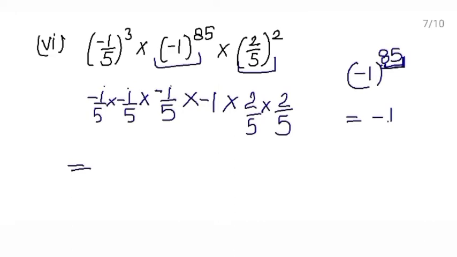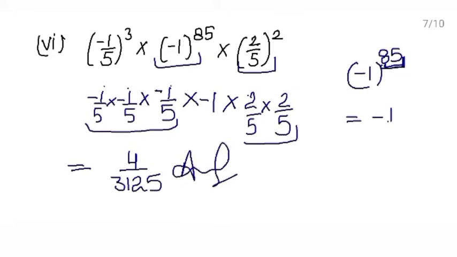Minus sign is occurring even number of times, so answer will be plus. And here is 2 2s are 4. When you will multiply them, you will get 2 2s are 4, and that will be of plus sign. Multiply the denominators, 5 multiply 5 multiply 5 multiply 5 multiply 5. So what is here? Here is 3125. So this is your answer.